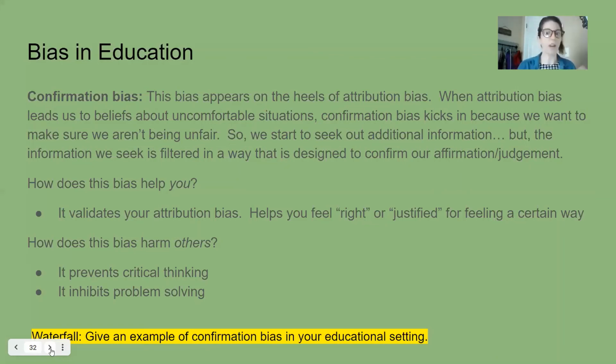It validates your attribution bias by helping you feel right or justified for believing or feeling a certain way. And how does this harm others? Well, the big thing here is that it's that critical thinking piece again, but it really can inhibit problem solving, because if you're not able to work through that and get to the other side, then you're really going to have a hard time solving that problem, and that problem is going to keep coming again and again and again.